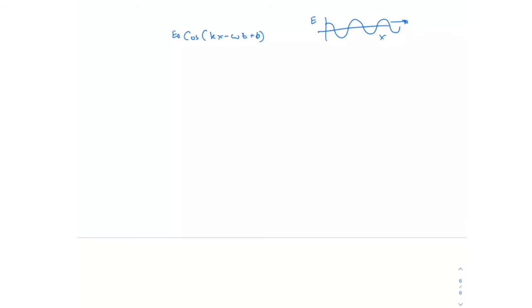So we have what's called a traveling wave. I can ask, how far do I need to go in distance for the wave to repeat? That distance we call one wavelength, and we use the lowercase Greek letter lambda to represent a wavelength.